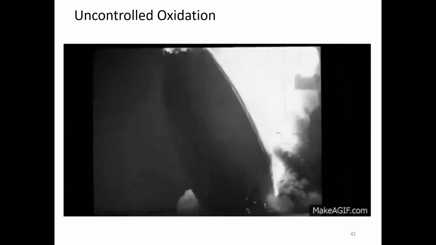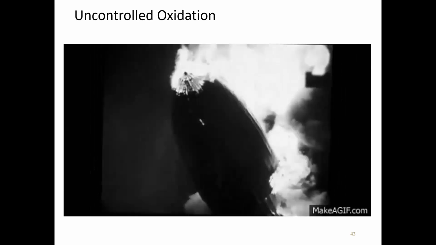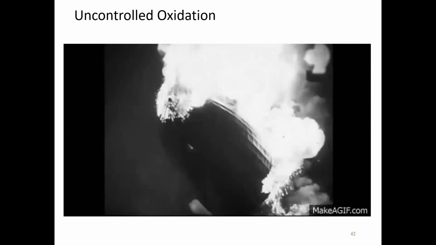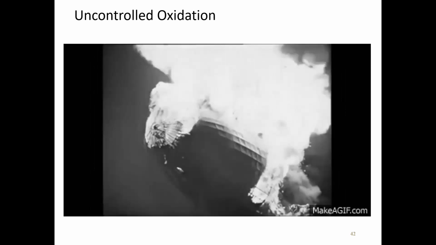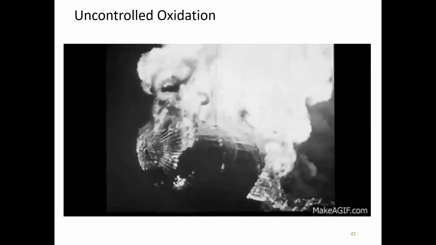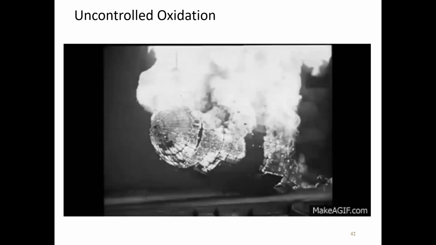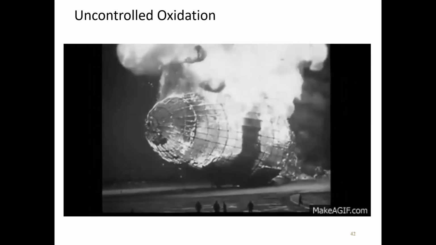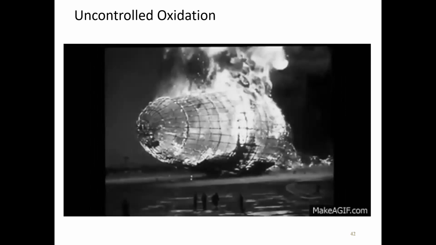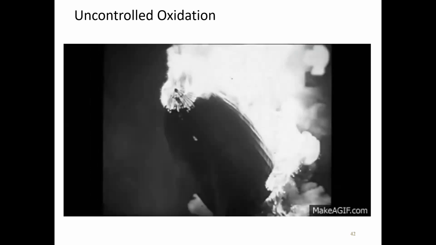It was filled with gas bags of hydrogen, because hydrogen is lighter than atmospheric air, and so the Zeppelin could float in the atmosphere. However, if you triggered oxidation, if a spark hit that hydrogen gas, which was very flammable, you would have rapid oxidation and form a lot of carbon dioxide and water.